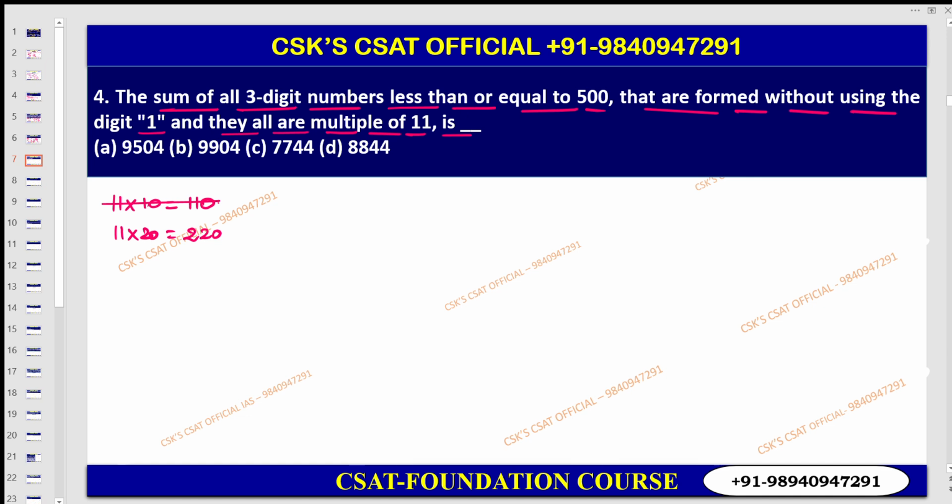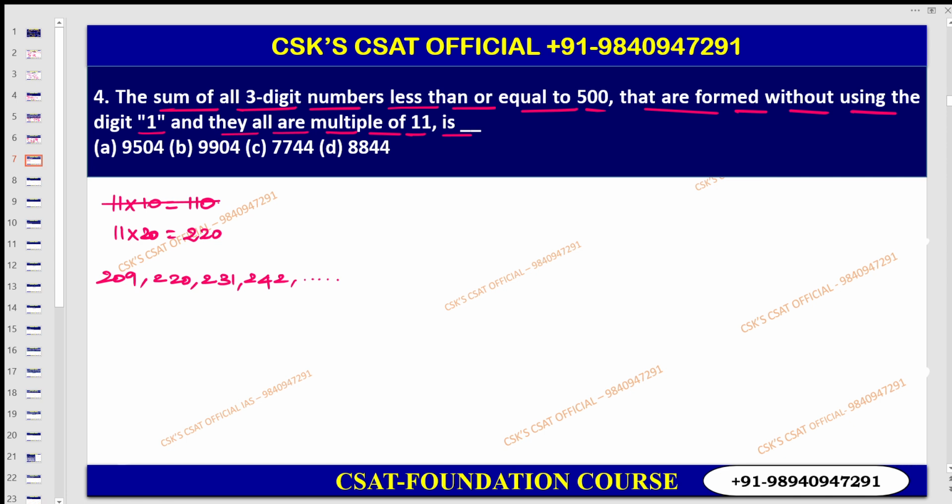So therefore the first one is going to be 209. The second one is going to be 220. Next 231, 242. So like that you are forming your series.